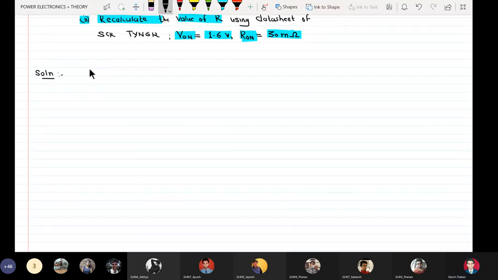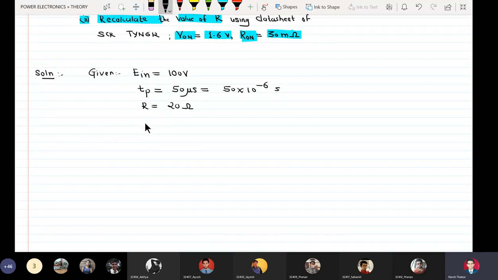Solution. Given: the source is 100 volt, the duration of the firing pulse is 50 microsecond, which is equal to 50 into 10 raised to minus 6 seconds. R is 20 ohm, L is 0.5 Henry.